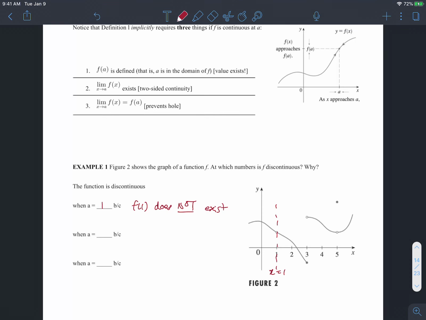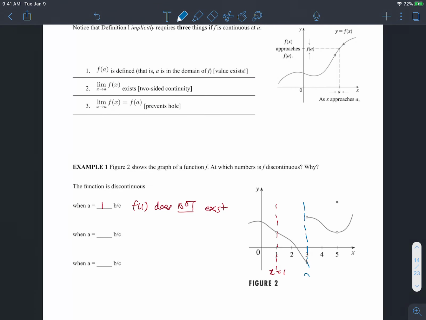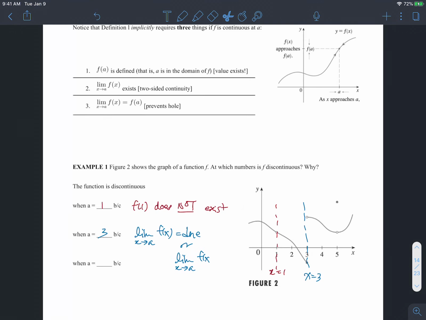Let's go with a different color. How about here, guys? So x is equal to 3. When a is equal to 3, what happens? The limit as x goes towards a of f of x is DNE, or what you could have said instead is that the left and the right limit is different.